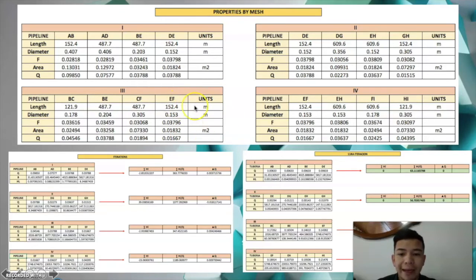The flow rate and the respective area of each pipe also become visible.